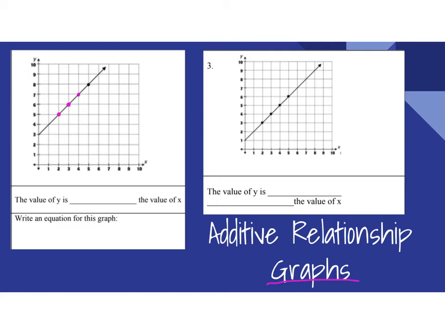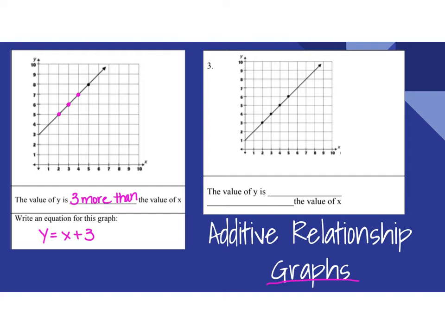And 4, 7. Each time we're adding 3 to the x value to get our y value. So the value of y is 3 more than the value of x. And our equation would be y equals x plus 3.